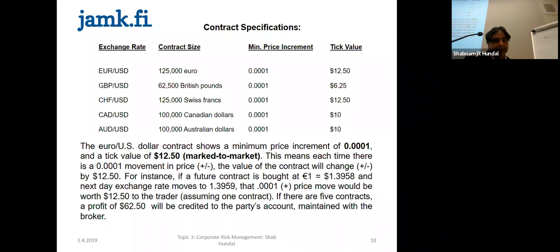You have 1 contract, and the euro contract, by the way, how many euros can you buy in 1 contract? 125,000 euros. You buy it. After a few moments, the price is 1.3959.